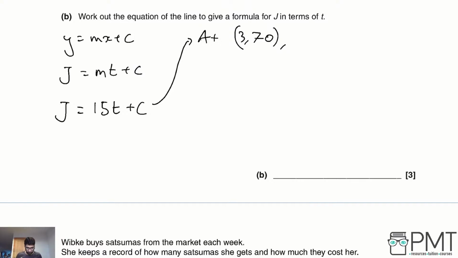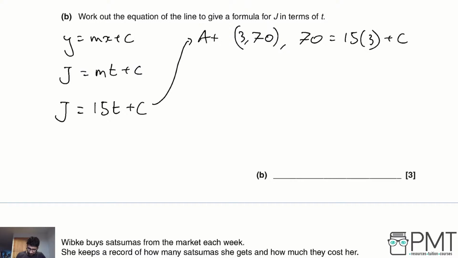So if I put 70 pounds into J and then 3 hours into T, this equation must work. 70 must equal 15 times 3 plus C. Otherwise, the equation doesn't make sense, because remember at the very beginning, I was saying that the whole point of an equation is you put x values, or t values in this case, to get j values out.